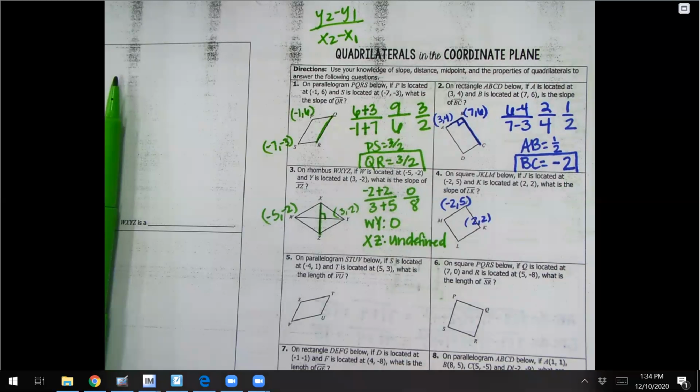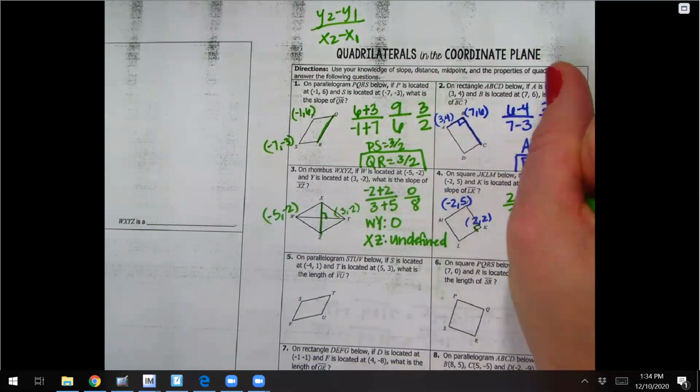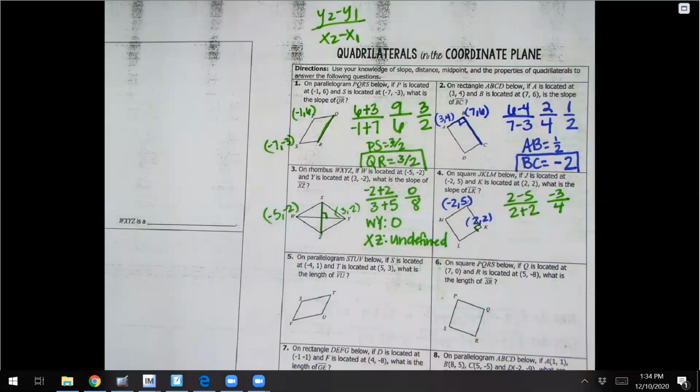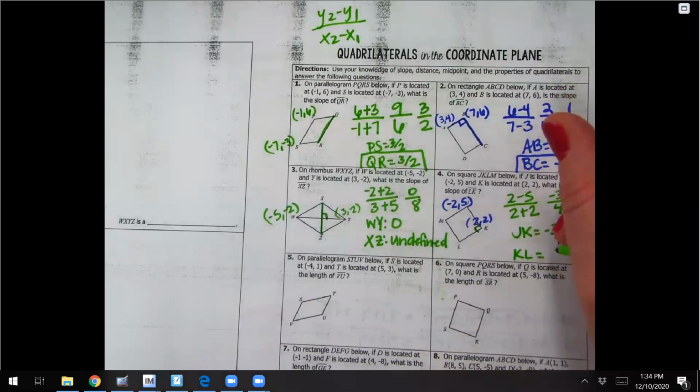Again, they're perpendicular, so I need to identify the slope. So 2 minus 5 over 2 minus -2, so that's going to be -3 over 4, right? JK is -3 over 4. What's KL? Positive 4 over 3, because it's perpendicular.